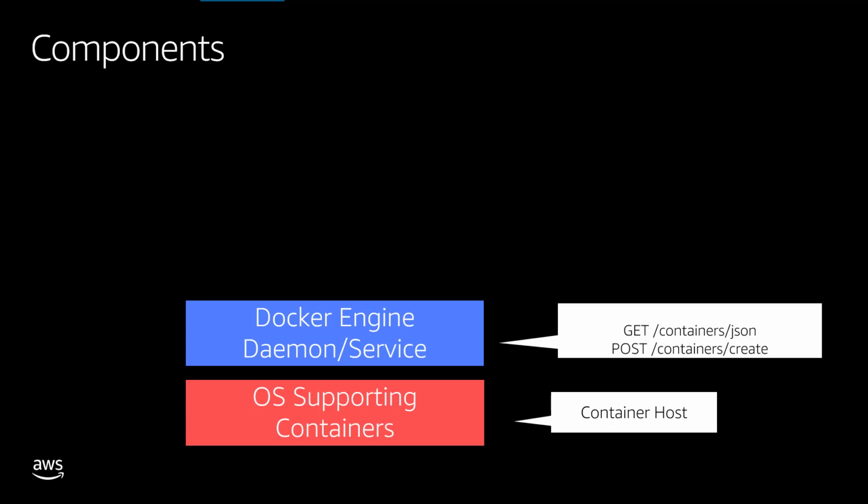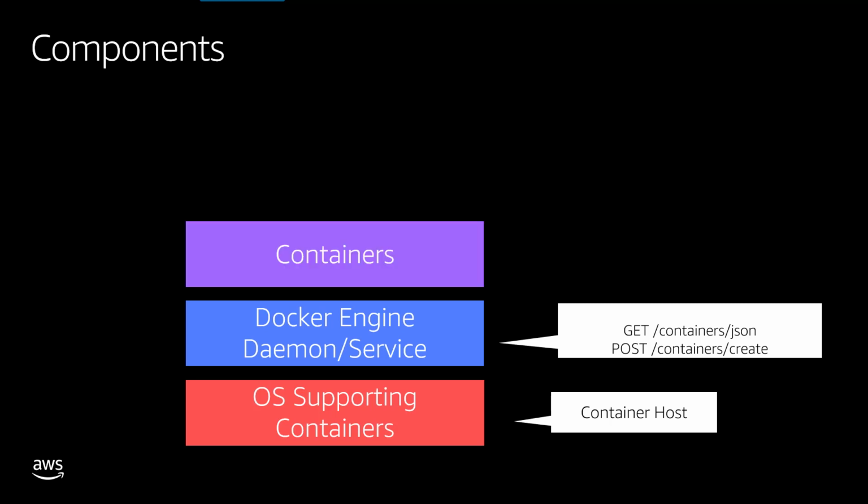So when you interact with the Docker Engine, you effectively invoke these APIs, either through some kind of a Docker client or some kind of tooling, to stop containers or to get images. So that's the Docker Engine. It runs on top of an operating system that supports containers.